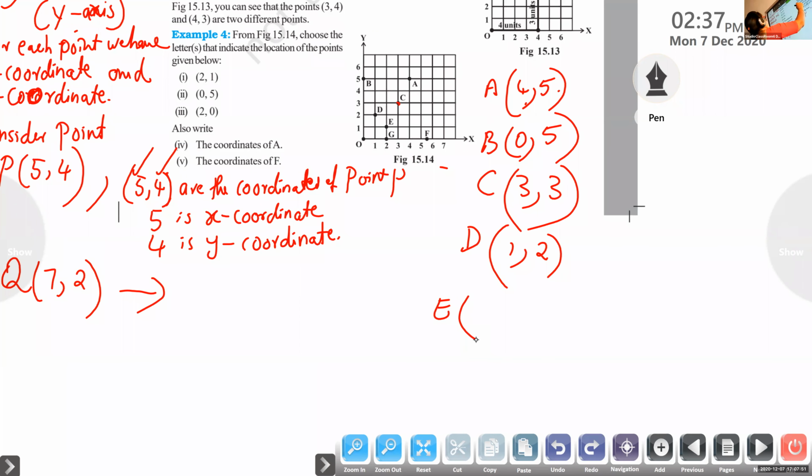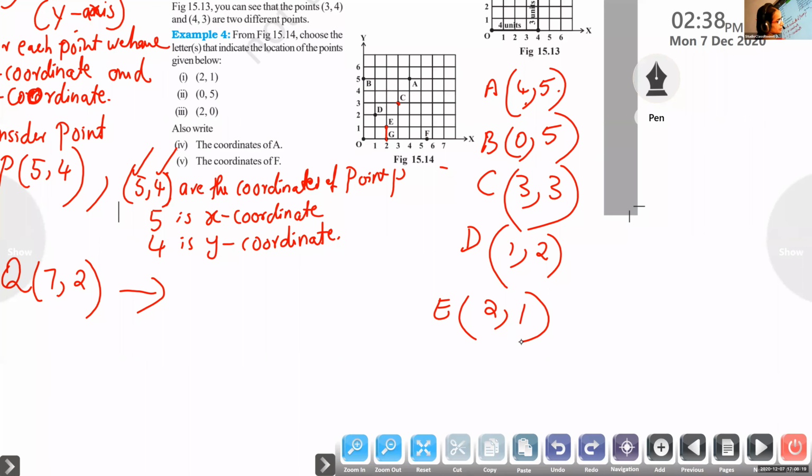E is this point. What is its x coordinate? Salim. X coordinate of E is what, Salim? I think he has some network. Tom Jose. E. Ma'am, 2, comma? 1.